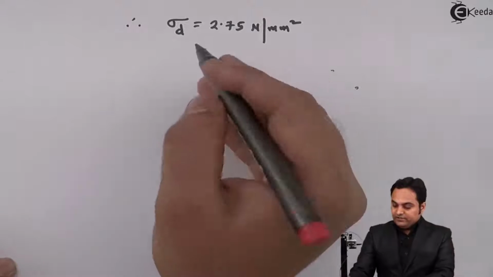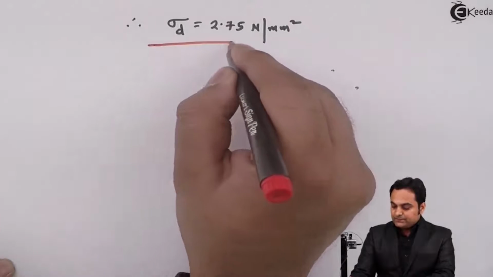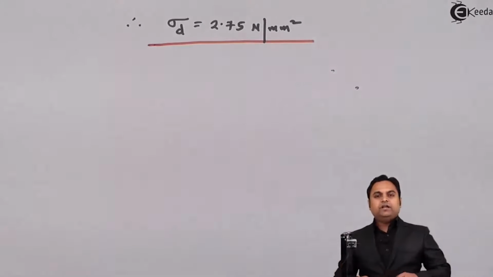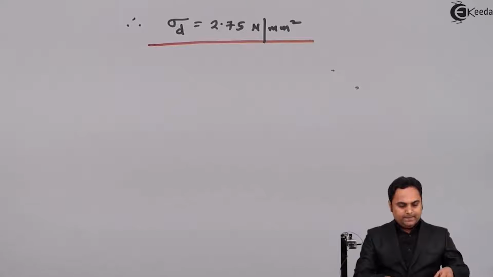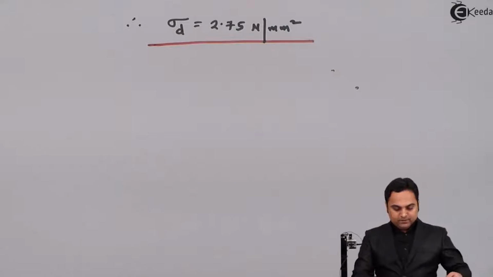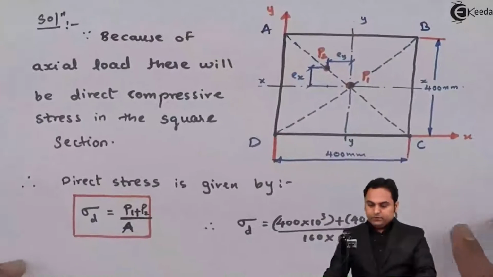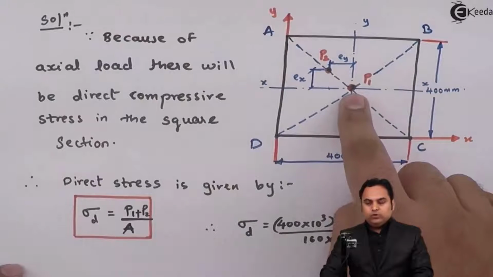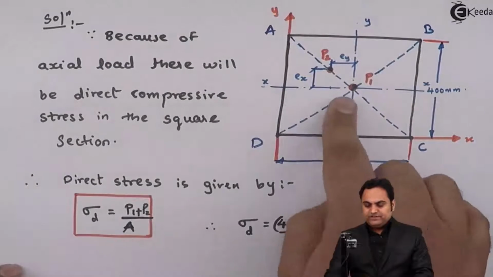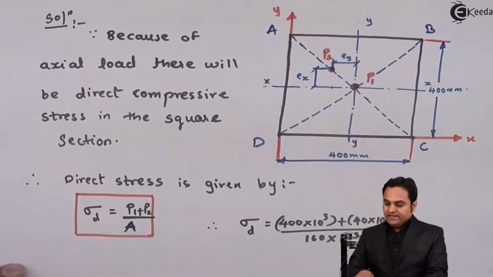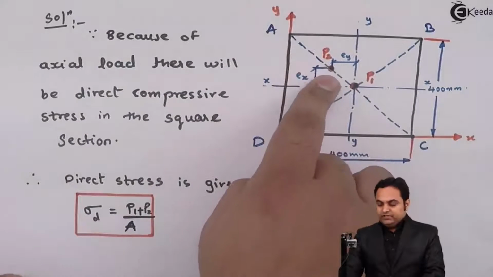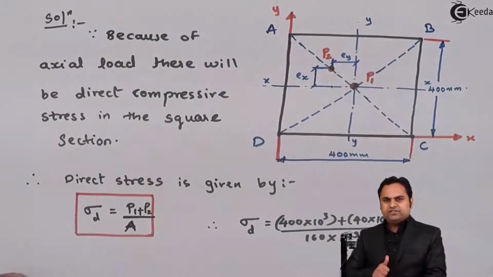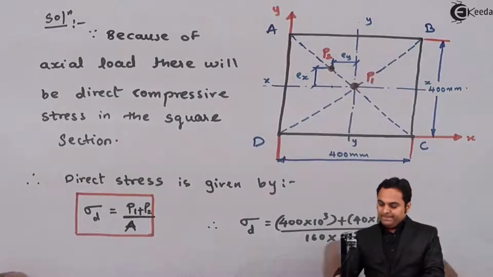Now after getting this direct stress, we need to calculate the bending stress, and by looking into the diagram we can say that because of P1 there will only be compressive stress because it is axial, whereas because of P2 there will be both the stresses, compressive as well as bending.